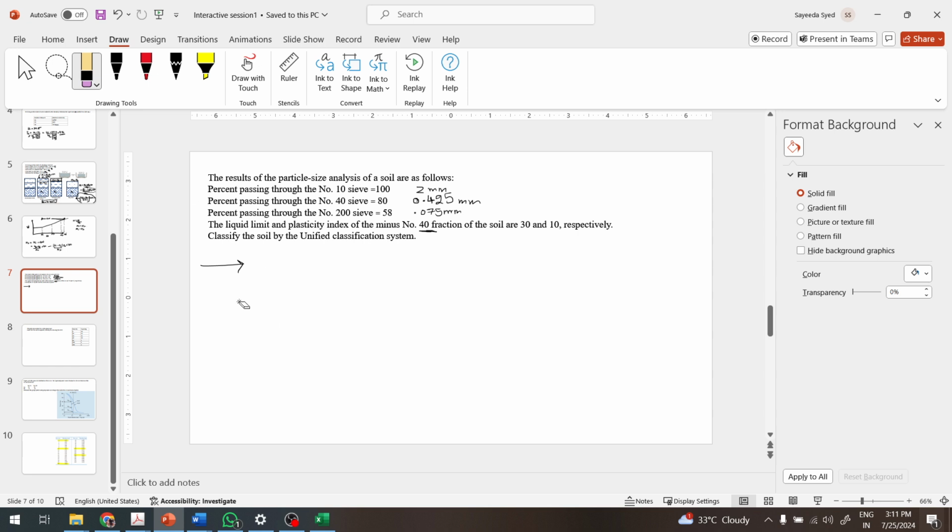Like first you have to check if this is a fine grained or a coarse grained soil.